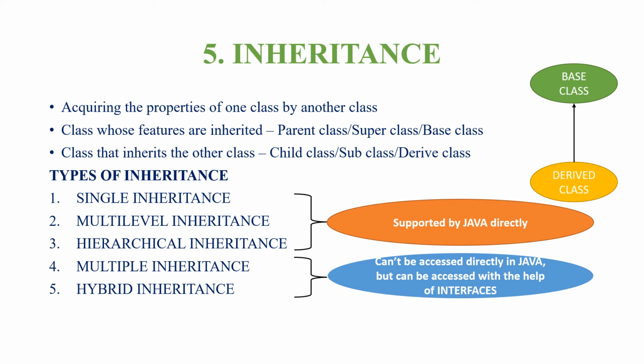Derived class is the class that inherits the other class. It is also called child class or subclass. So the types of inheritance are single inheritance, multi-level inheritance, and hierarchical inheritance. These three inheritances can be supported directly in Java, whereas the other two, that is multiple inheritance and hybrid inheritance, can't be accessed directly in Java, but they can be accessed with the help of interfaces. The use of interfaces can be seen in the coming videos.